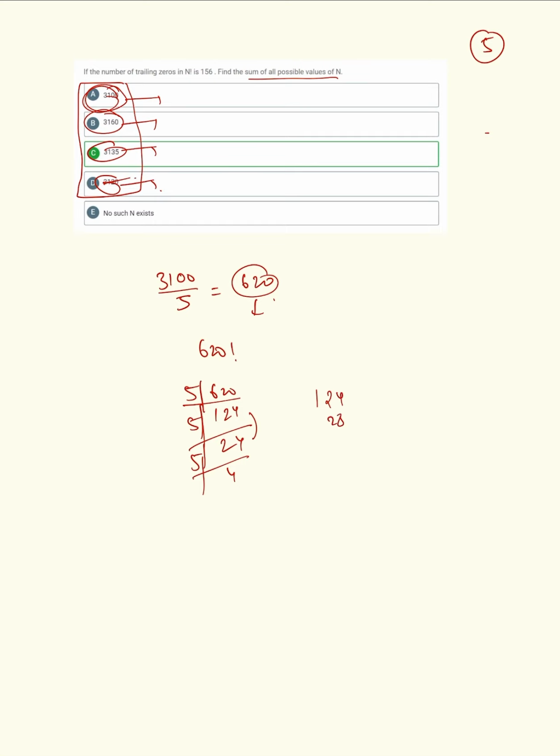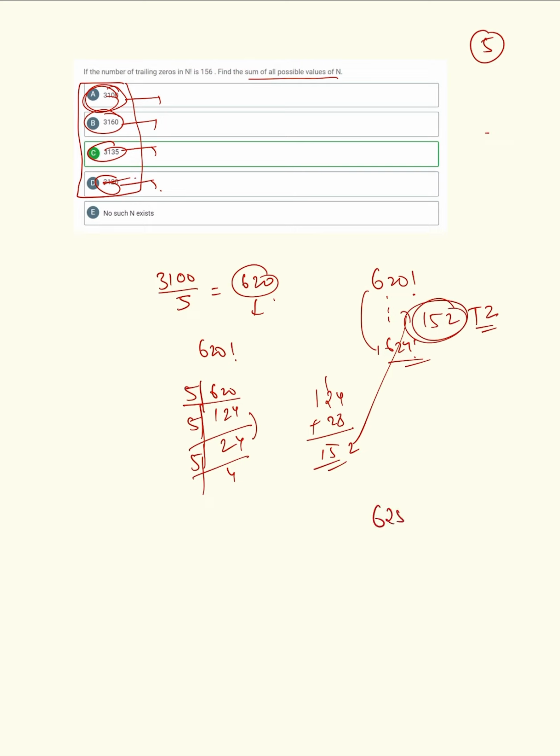So 124 plus 28 gives 152. So in 620 factorial I will have 152 trailing zeros. And starting from 620, the next four numbers will have an equal number of trailing zeros, so till 624 I will have 152 trailing zeros only.